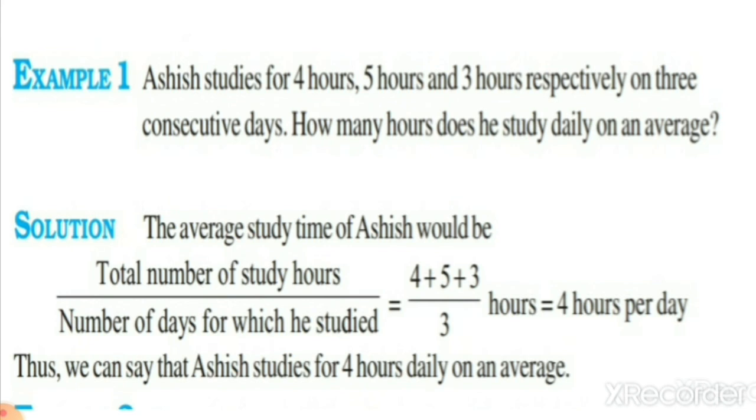So 4 plus 5 plus 3 divided by 3. 4 plus 5 plus 3 equals 12, divided by 3, that is 4 hours per day. Thus, we can say that Ashish studies for 4 hours daily on an average.